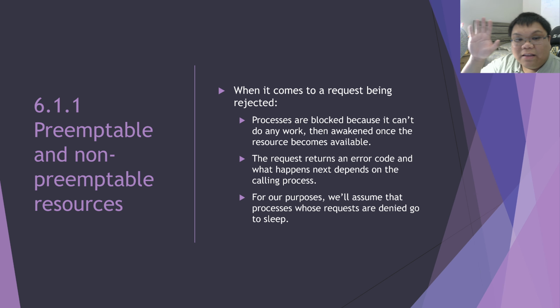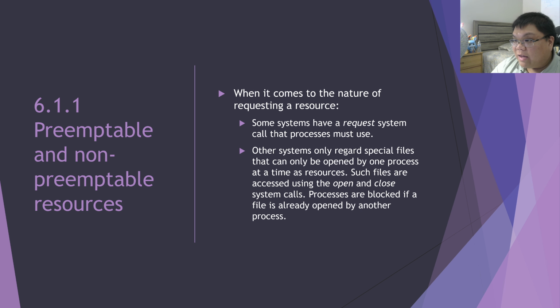What can also happen is there is a function that is called for requesting a resource. What could happen at the level of the process is that the request returns an error code, and what happens next depends on the calling process. We're just going to assume that when a process requests a resource and that request is denied, the process goes to sleep. Some systems have a request system that processes must use. Other systems only regard special files that can only be opened by one process at a time as a resource.